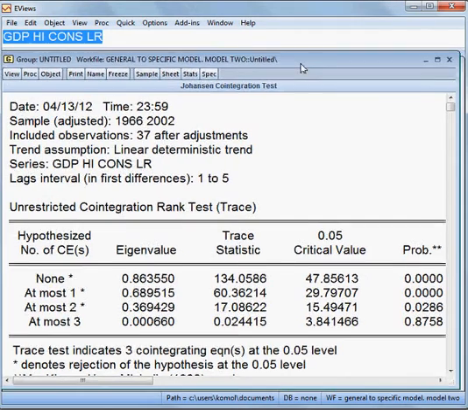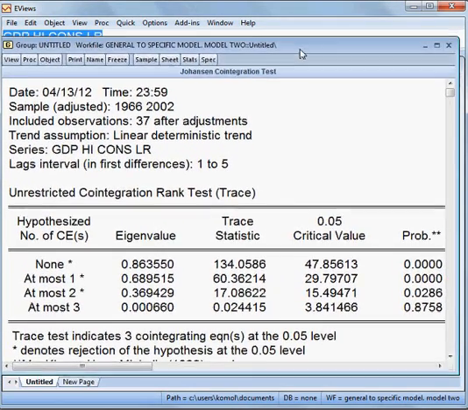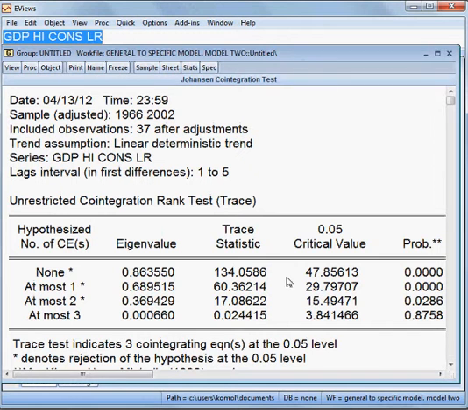So the result has come up. You can see the result of the Johansen test of co-integration. And you know that here there are two statistics.